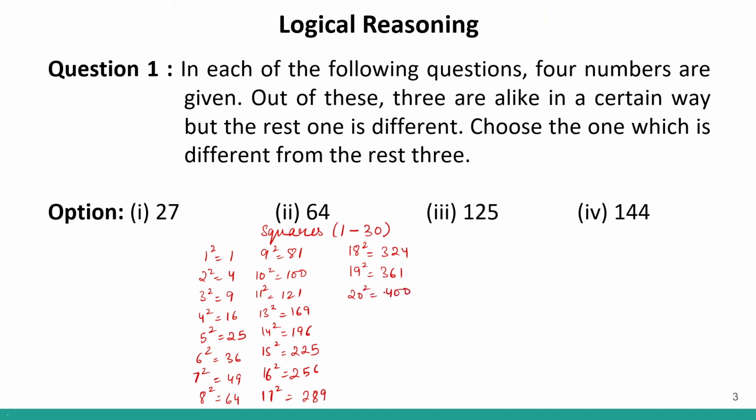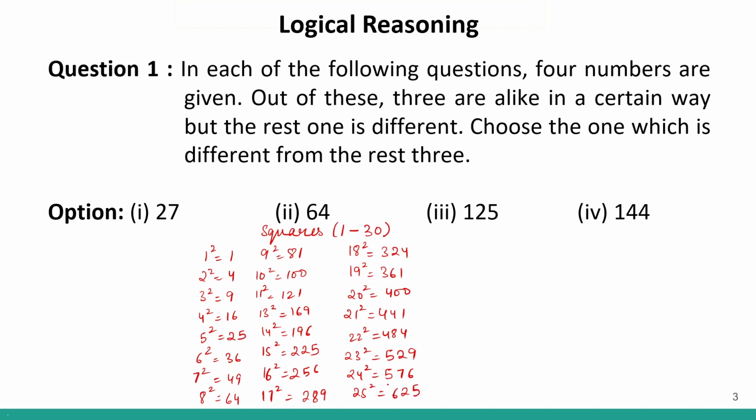Clear? Remember? Now 21 square is 441, 22 square is 484, 23 square is 529, 24 square is 576, 25 square is 625.